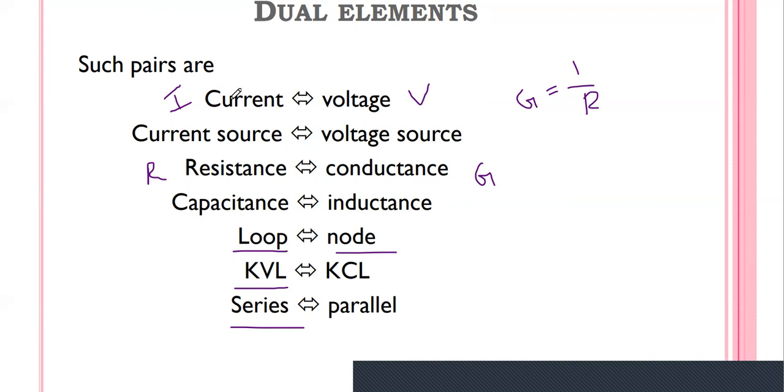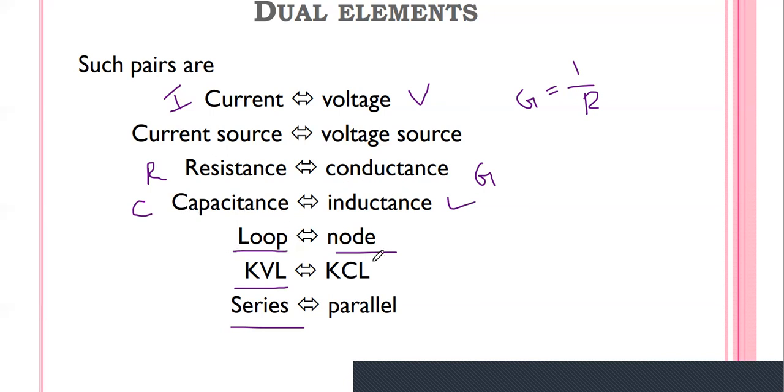So you see, current is replaced by voltage, voltage is replaced by current, and a current source is interchanged with a voltage source. Similarly, resistance is replaced by conductance, and if conductance is available, you just replace it with resistance. Similarly, capacitance C is replaced by inductance, and inductance is replaced by capacitance.